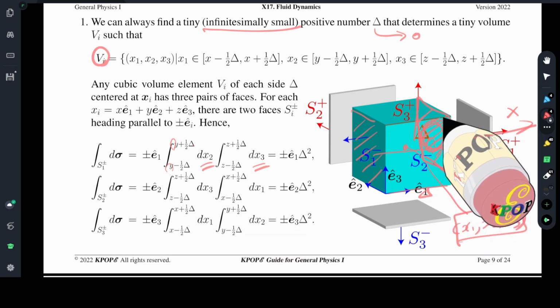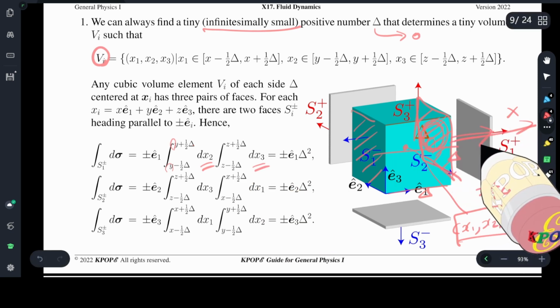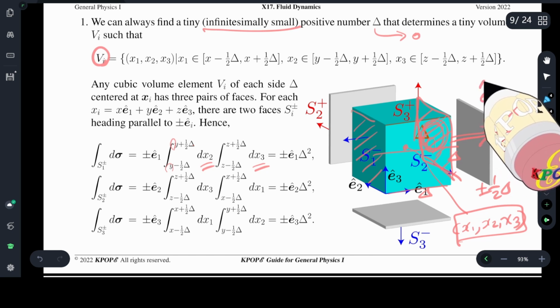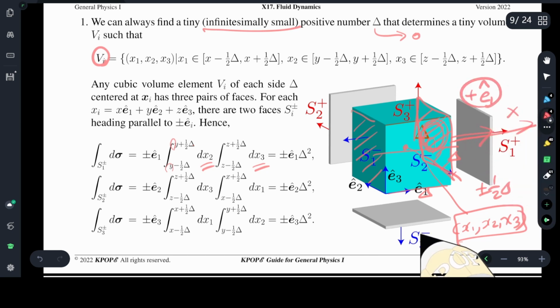At this point the surface faces the positive direction, so I have a positive sign along e1. This is parallel to e1.